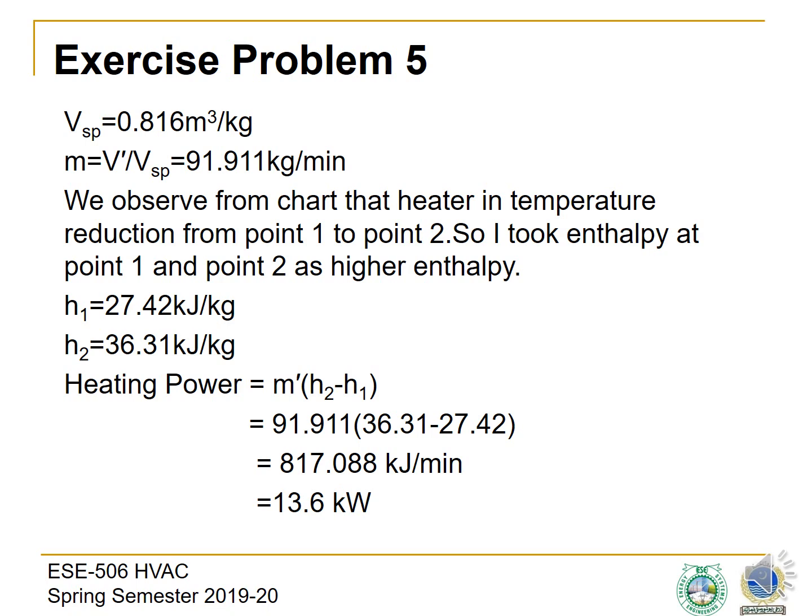So we will find the values of enthalpy between the 2 points and also the specific volume in order to convert the volumetric flow rate into mass flow rate. By recording only the two values of enthalpies and one value of specific volume against point number 1, we can calculate the capacity of the heating coil as explained in this numerical.